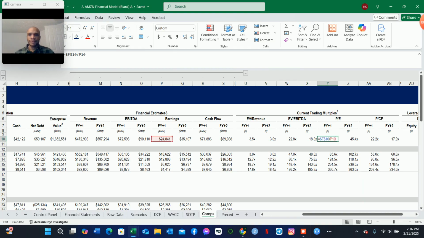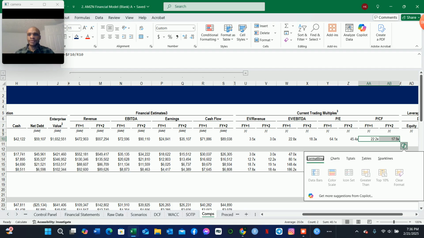Let's also make sure that we are referencing this 3 times. We can fill this right for the fiscal year plus 2 as well. We can also make sure that we are referencing the price to earnings for 3 times. So we can fill this right with Control R as well.